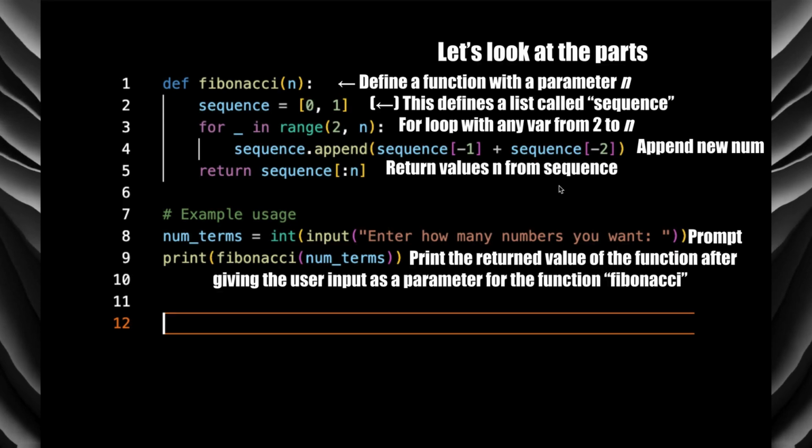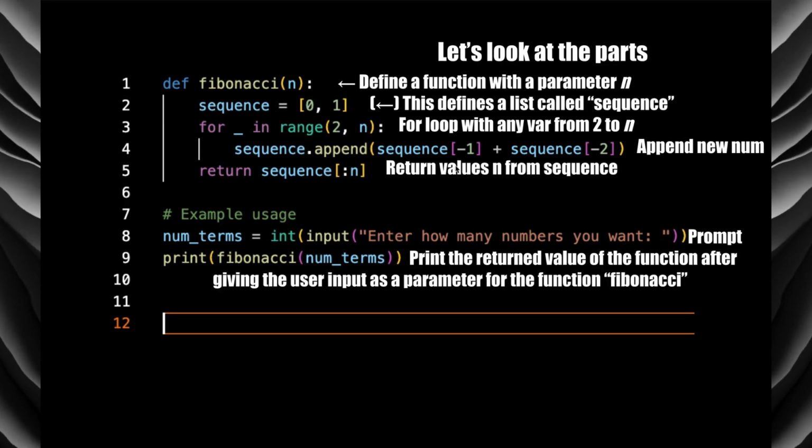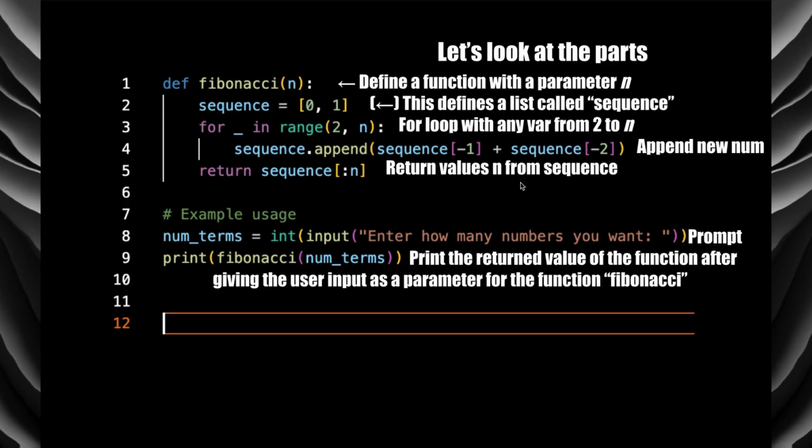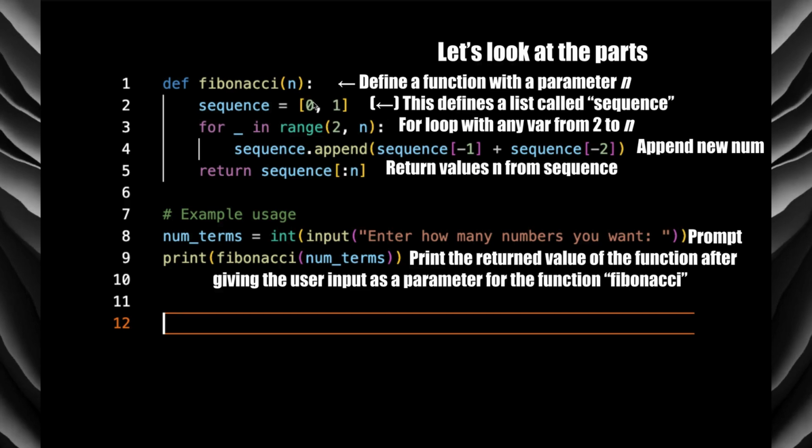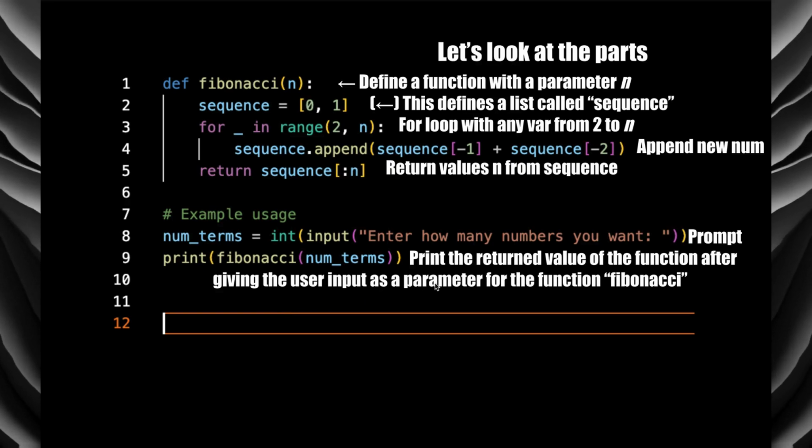Return values n from sequence. So basically it returns the entire sequence. And then here it prompts the user. And then it prints the returned value of the function after giving the user input as a parameter for the function Fibonacci.